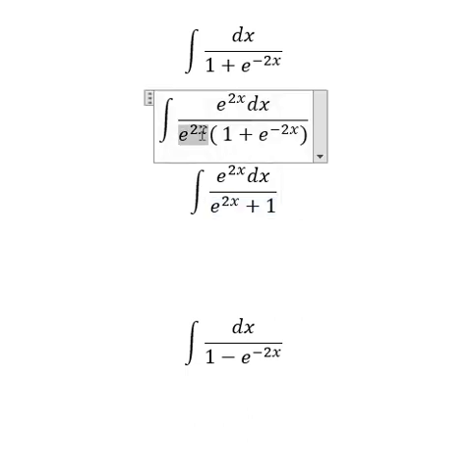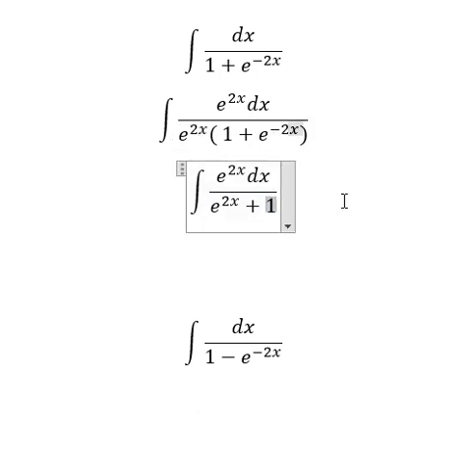So e to the power of 2s multiplied by this one, you get e to the power of 0, because 2s minus 2s is 0. E to the power of 0 is 1.